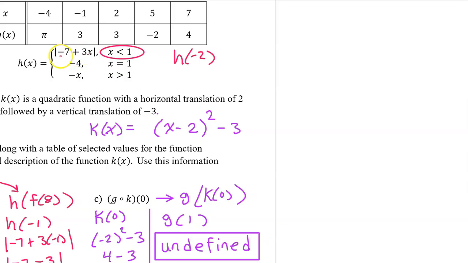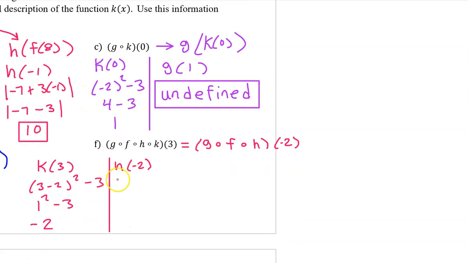So we have the absolute value of -7 plus 3 times -2. That's the absolute value of -7 minus 6. That's the absolute value of -13, which is positive 13.